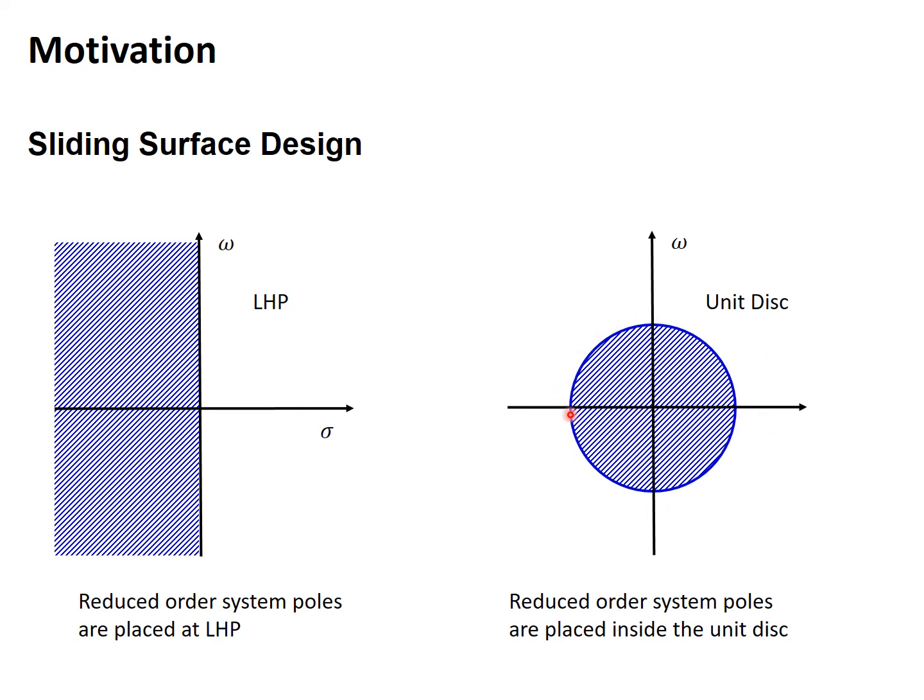This we know from our control system courses: a discrete time system will be stable when the eigenvalues of the system matrix are inside the unit circle. So the reduced order system poles have to be placed inside a unit disk.